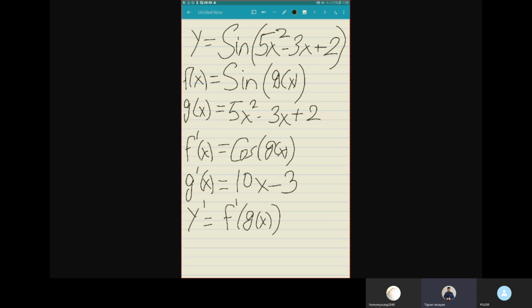The general equation is y bar is f bar g(x) times g bar x.